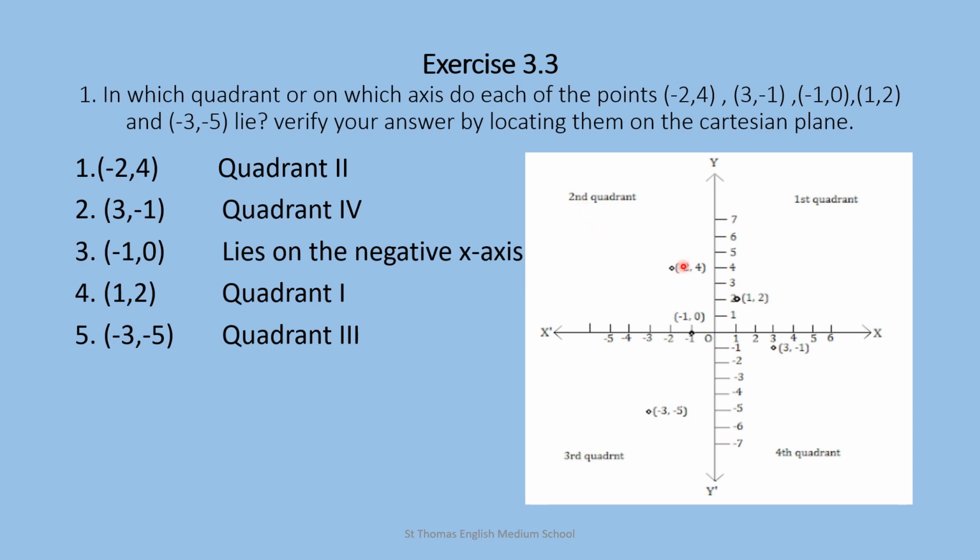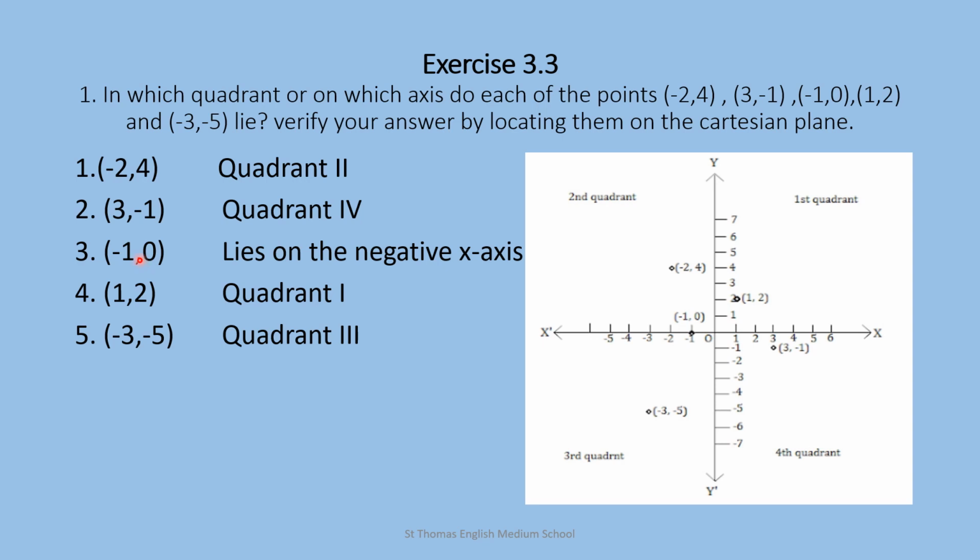Moving to the next coordinate, (3, -1). The x coordinate is positive, y coordinate is negative. So that point will lie in the fourth quadrant.